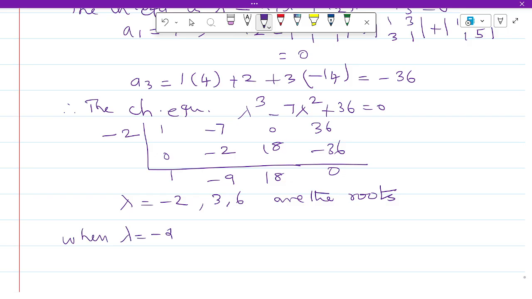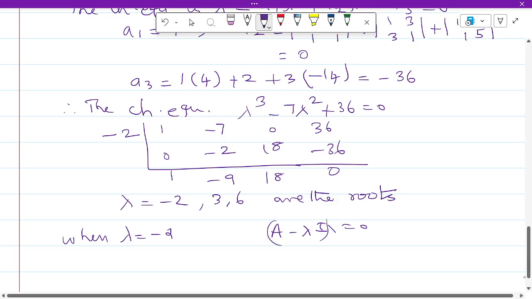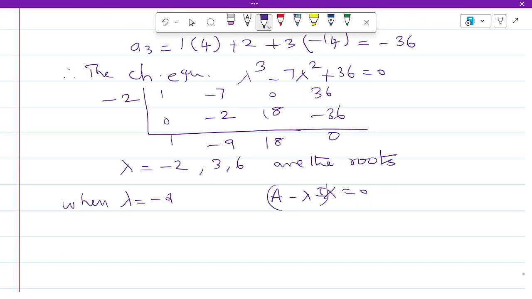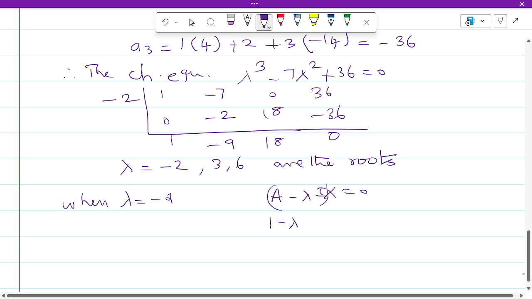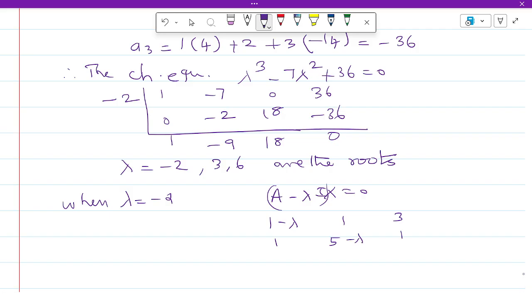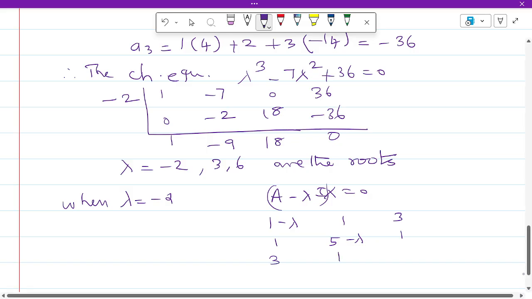When lambda equal to minus 2, then A minus lambda I into x equal to 0. That is, the matrix is 1 minus lambda, 1, 3, then 1, 5 minus lambda, 1, 3, 1, 1 minus lambda.